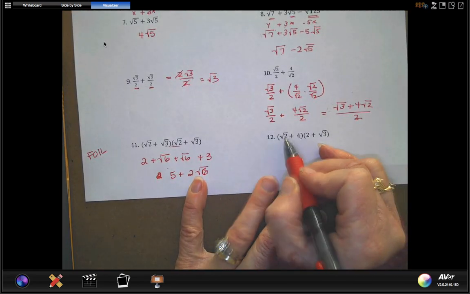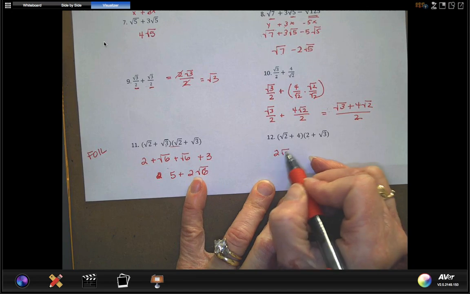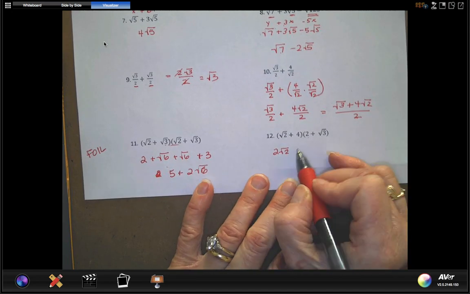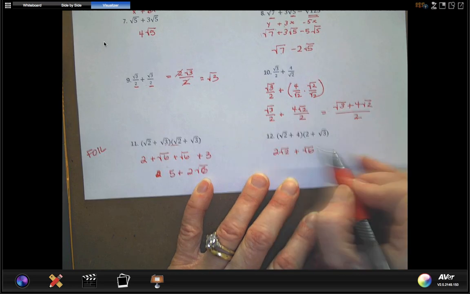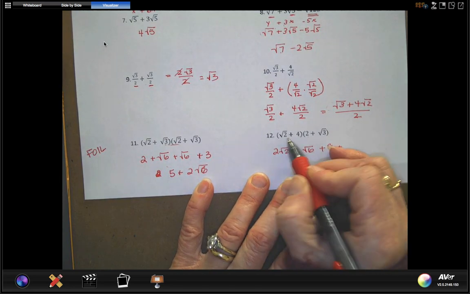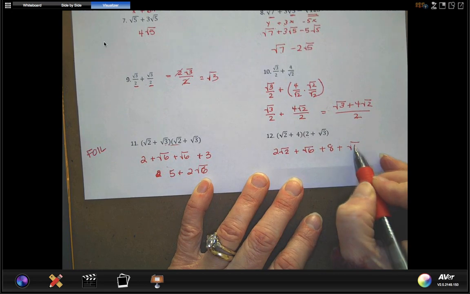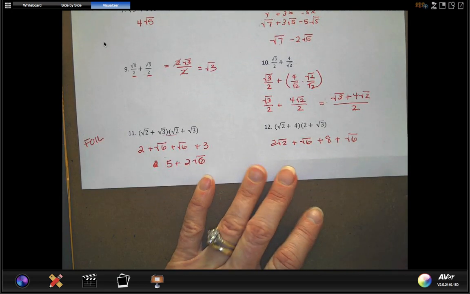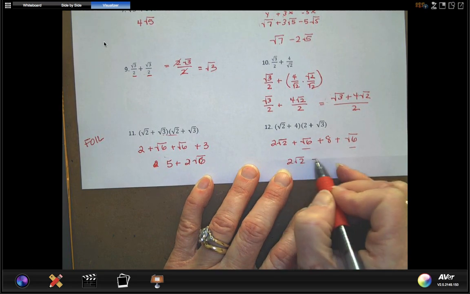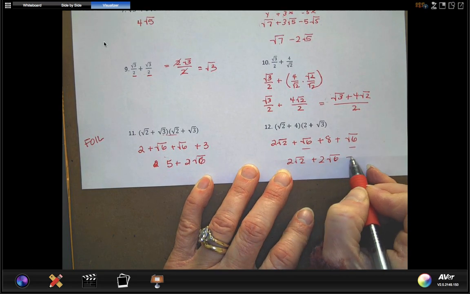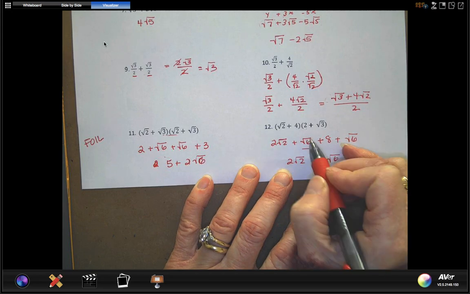Same thing here. The first, I'd have 2 square roots of 2. The outer, I'd have the square root of 6. The inner, I'd have 8. The last, I'd have square root of 6. So these I can combine. So 2 square roots of 2, 2 square roots of 6. Oh, sorry, did I do something wrong?